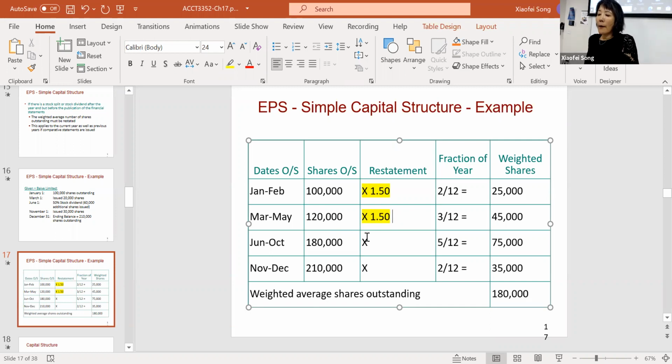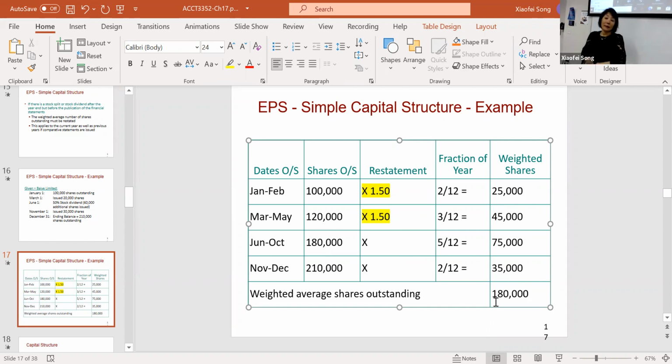To make sure before and after June 1st we're talking in the same terms, we go back and adjust all the old shares by multiplying by 1.5. These shares times the fraction of a year is weighted shares. And when you add all the weighted shares, you have the weighted average shares outstanding throughout the year.